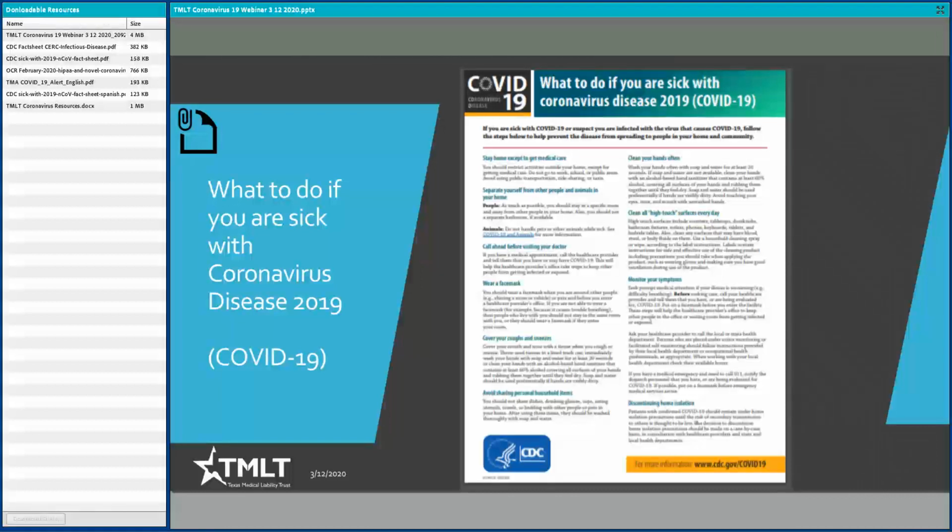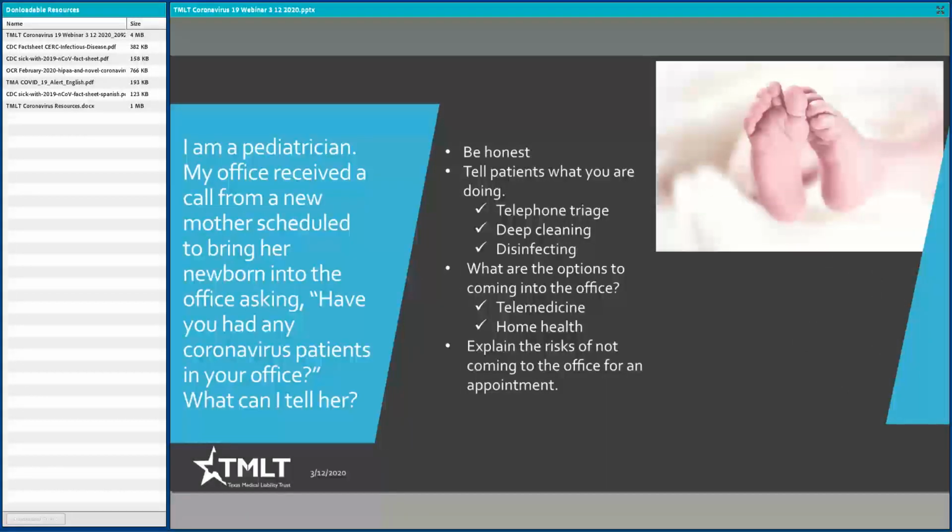That is a really good document to give to patients, whether you provide it through your website, push it to them through your patient portal, or even email it to them if that's their desired source of communication, or just let them know how to go on the CDC website to find information. It's really important that they know what they need to do to take care of themselves if they are suspected, presumptive, or positive for coronavirus.